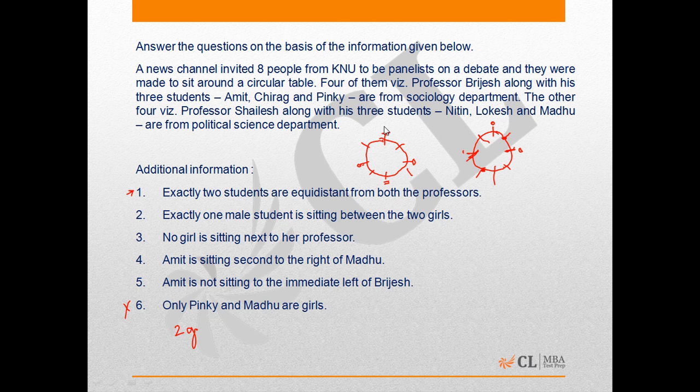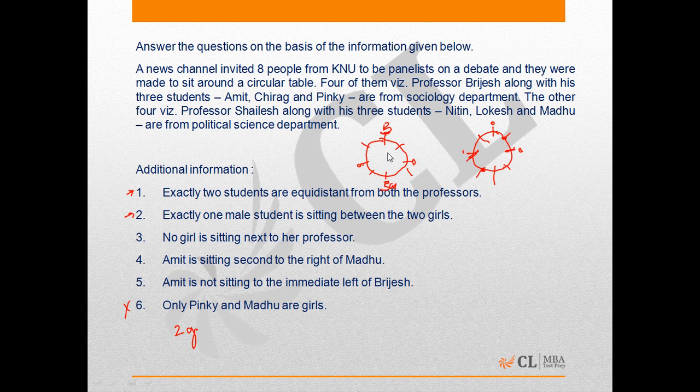So consider the first case, in which if Bridges is sitting there, then Salles will sit there. And it is also known that, as per the statement second, exactly 1 male student is sitting between the 2 girls, which means the girls are sitting at alternate positions.